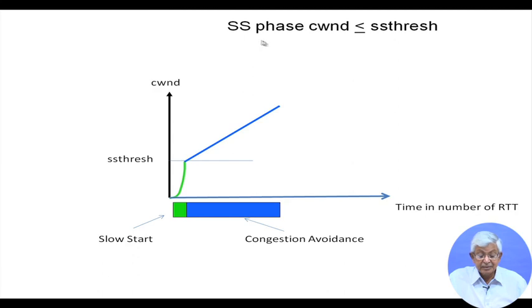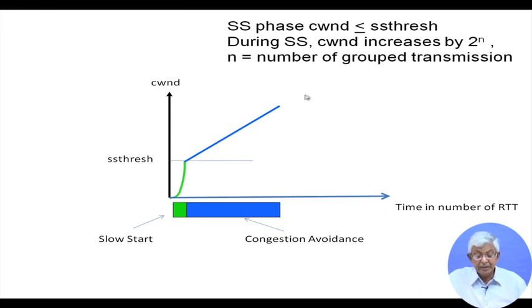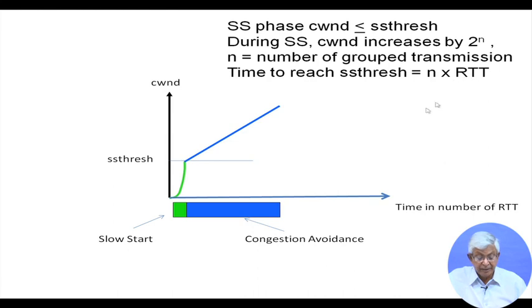Now, slow start phase is when CWND is less than or equal to SS threshold, this lower green part. During the slow start CWND increases as 2 to the power n, exponentially, and n is the number of grouped transmissions. Time to reach the SS threshold is n into RTT, in terms of RTT. So, this will be the time.